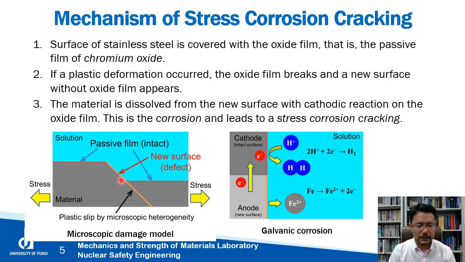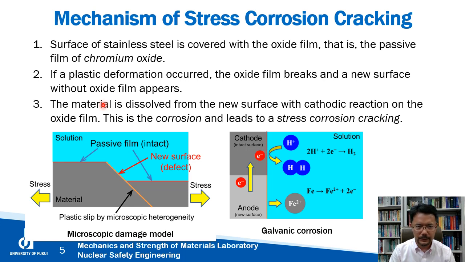So the chemical potential is different between the new surface and the oxide film. So this difference in the potential leads to a chemical reaction. The anodic reaction occurs on the new surface, and the cathodic reaction occurs on the oxide film.